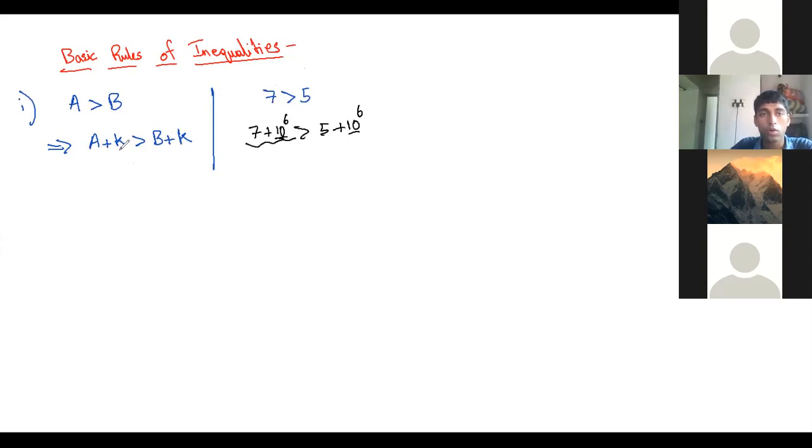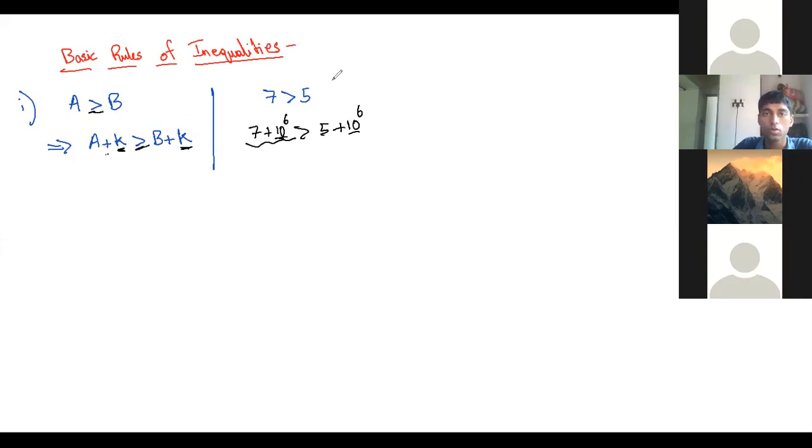So addition will not make a difference to the sign of the inequality. If A is greater than B, that implies A plus K is also greater than B plus K. The same thing will hold true for the other inequality, in the sense greater than or equal to.